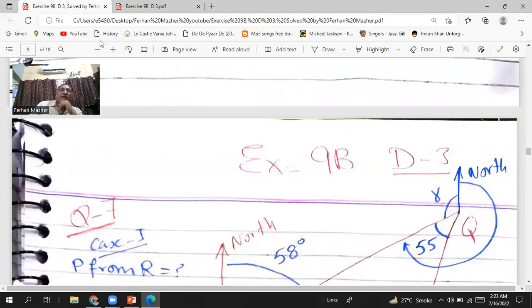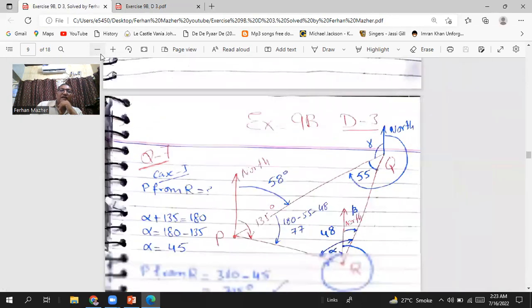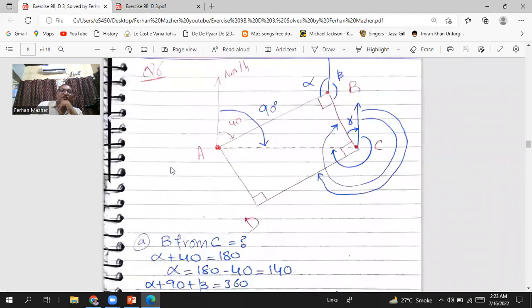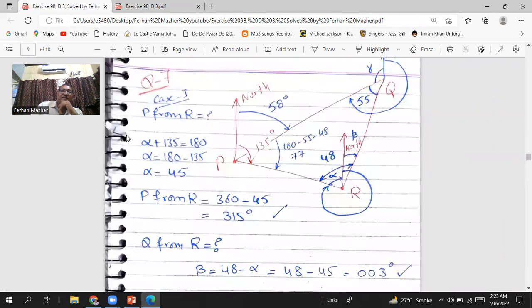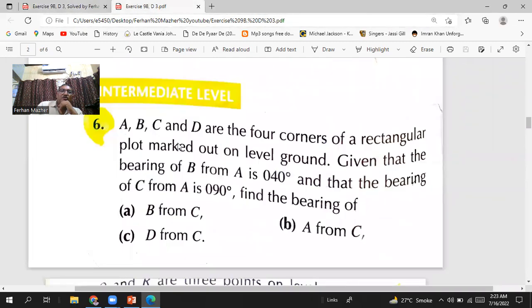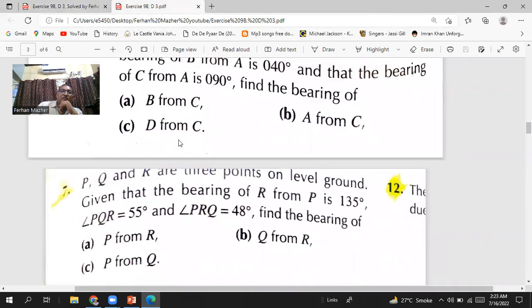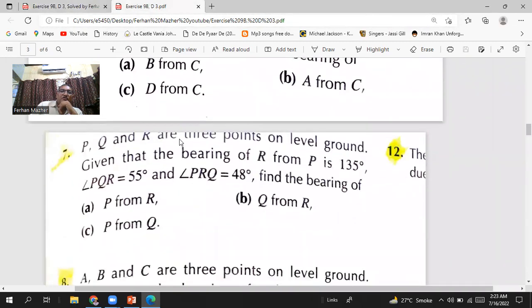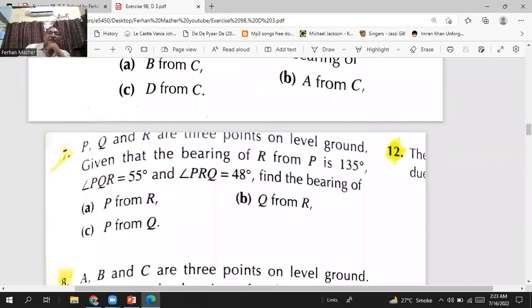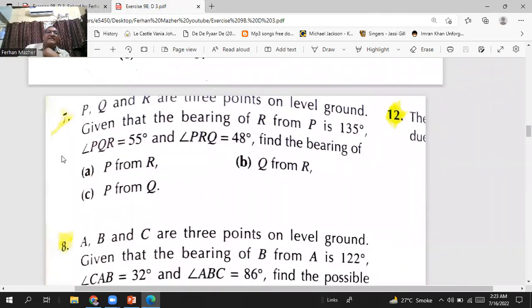Okay, so let's go to the next question, and the next question coming up on your screen is question number 7. He says P, Q, and R are 3 points on level ground.